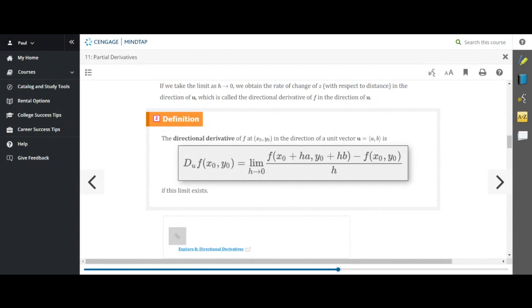Okay, all right. So the thing is, if we were to compute directional derivatives, slopes, in the direction of the unit vector AB using this definition, it would be quite difficult. Fortunately, mathematicians have come up with another way to compute a directional derivative, an easier way.